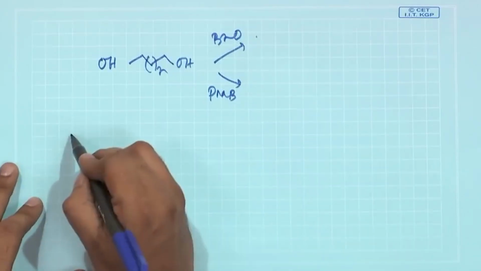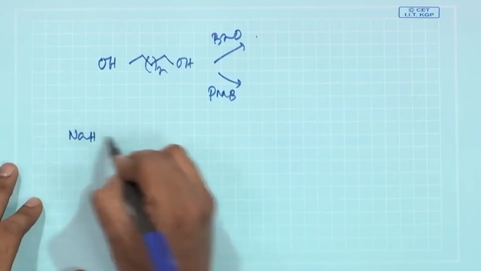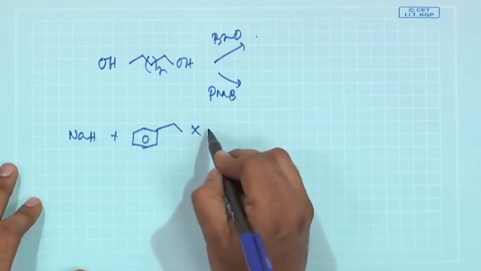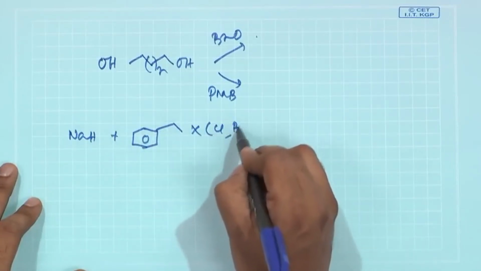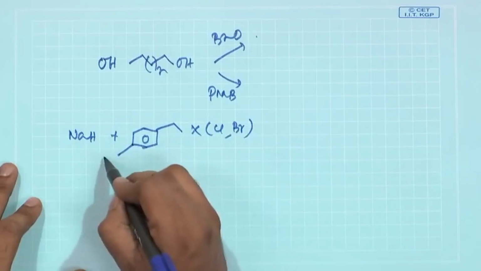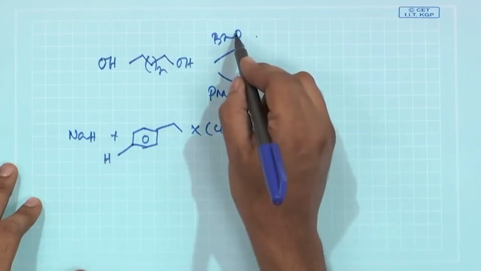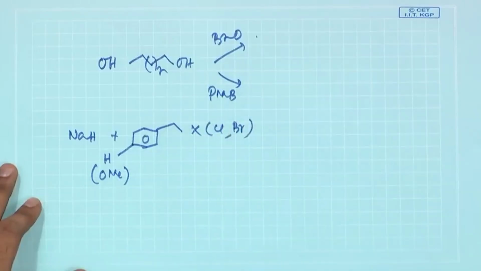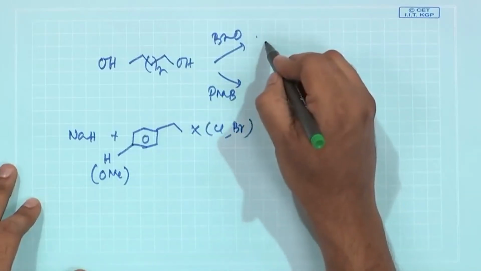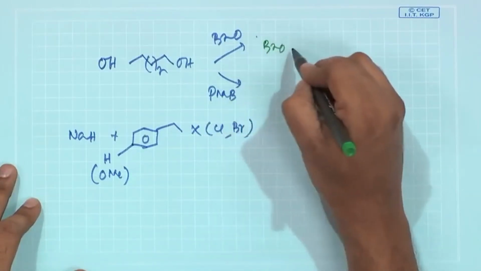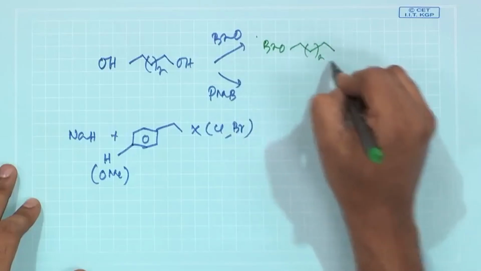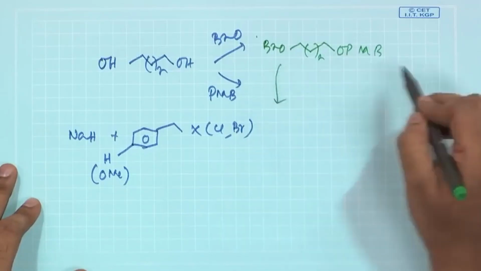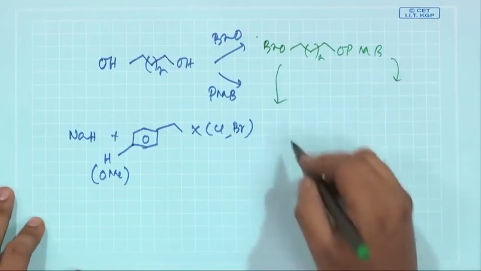Normally, this protection is done by treating the corresponding alcohol with benzyl chloride or benzyl bromide. If you have a hydrogen here, that gives you the OBn derivative; if you have a methoxy, that gives you the PMB derivative. So, in reality you will get BnO, OPMB.